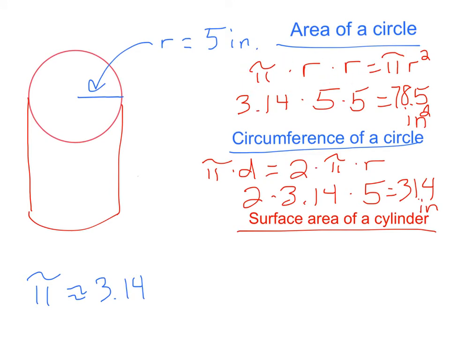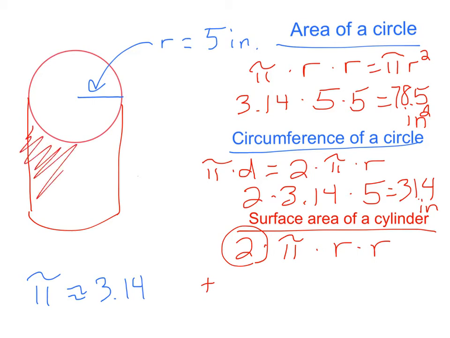You're going to take 2 times pi times r times radius, and I want to circle that twice because there are two circles.